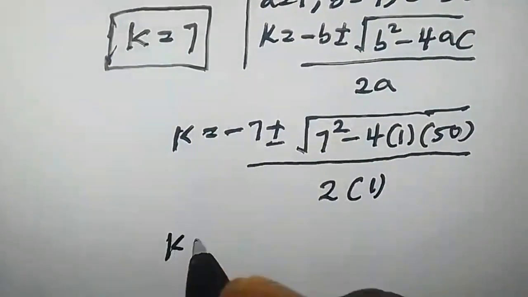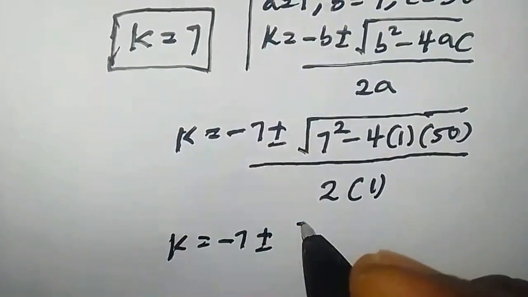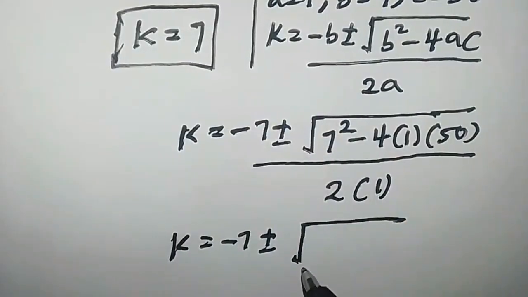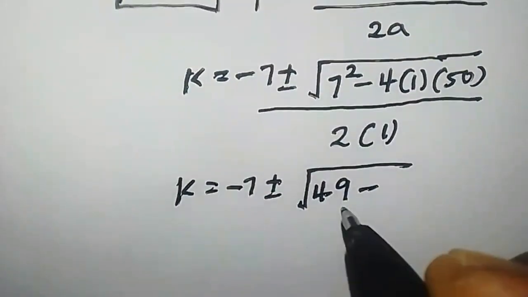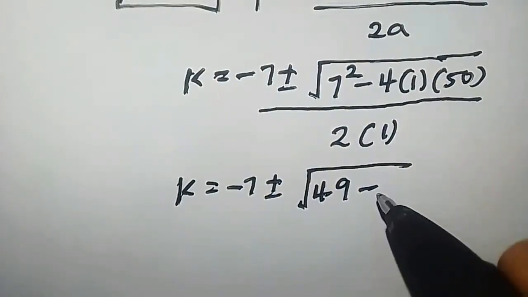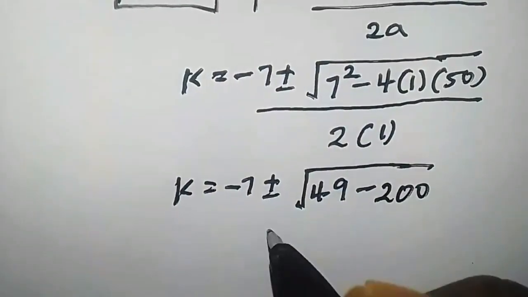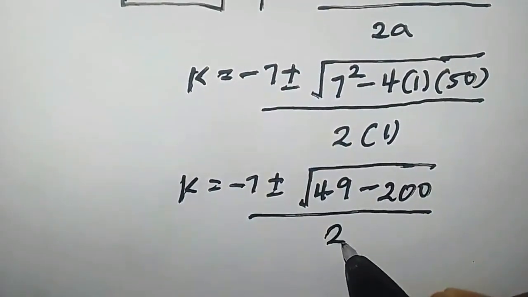Let's proceed further. K equal to minus 7 plus or minus square root of, what is 7 square? 7 times 7, 49, minus 4 times 50, that is 200, all divided by 2 times 1, 2.